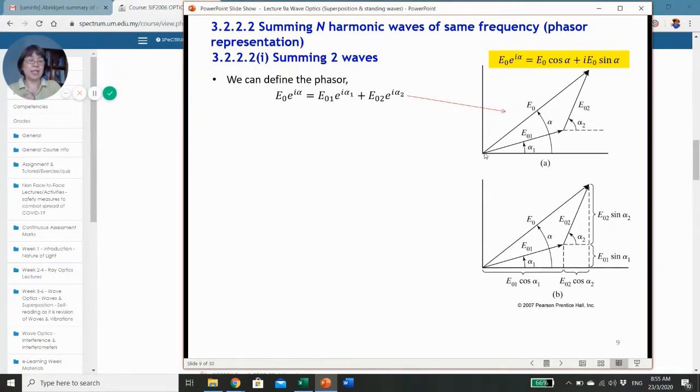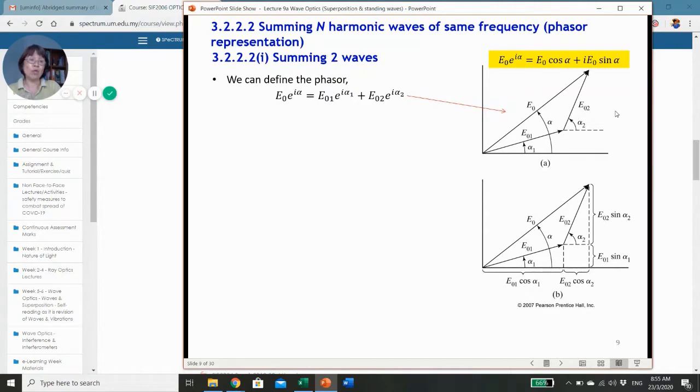So in terms of a phasor, at the end of this arrow, we then add on to it the arrow that represents the second phasor, and the resultant would be from the original point up to the end of the second phasor. So that's quite easy, isn't it?